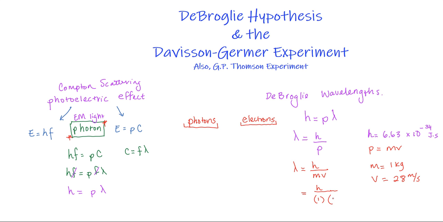So if I go ahead and plug in these values over here, I get h is 6.63 times 10 to the negative 34th divided by 28. That's still really small. And so what he proposes is that the wavelength of the baseball is equal to some really tiny number, and that is why we haven't actually witnessed particles, aka electrons, behaving with wave-like properties.